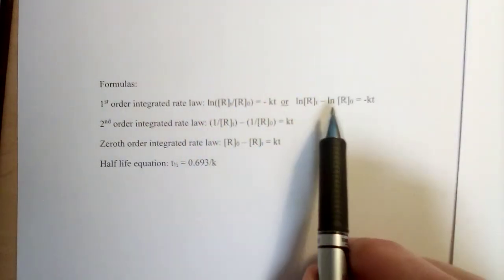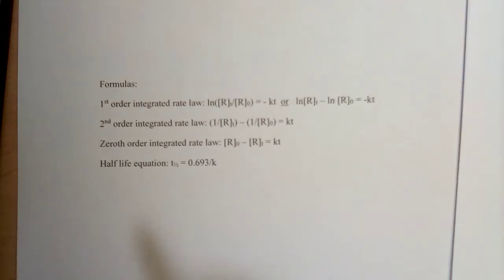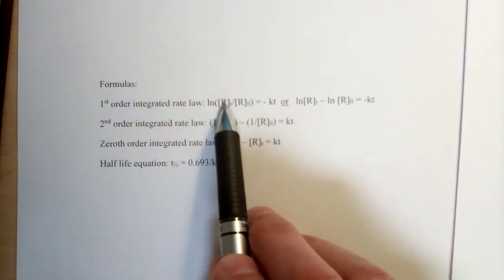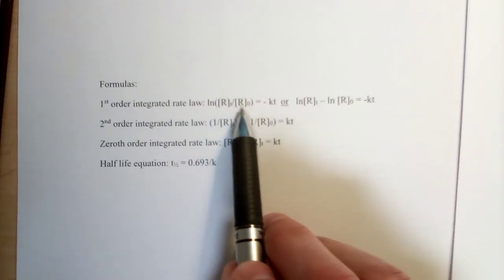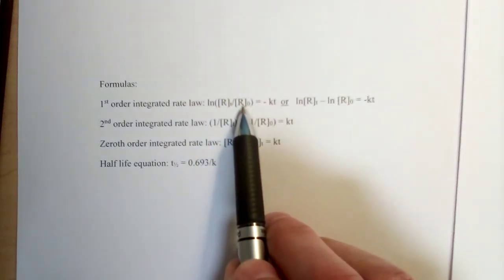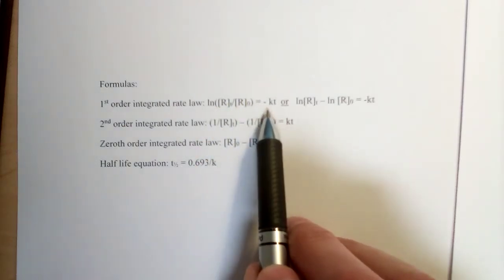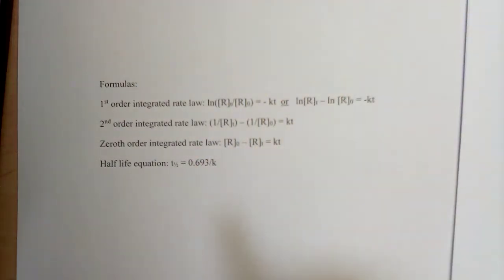There's two different versions here of the first order integrated rate law. One gives us a ratio of our concentration at a certain time to our concentration at time 0, which is when the reaction started. This first version of the equation is the best one to use for this problem, since problem number 1 is dealing with percentages.